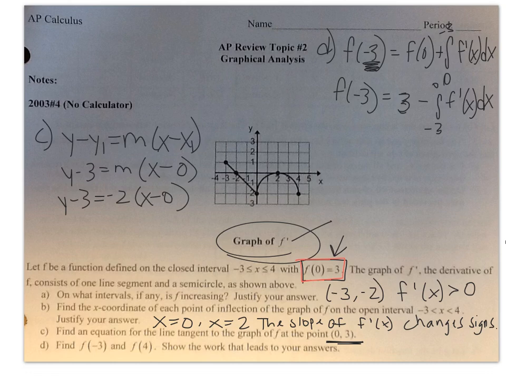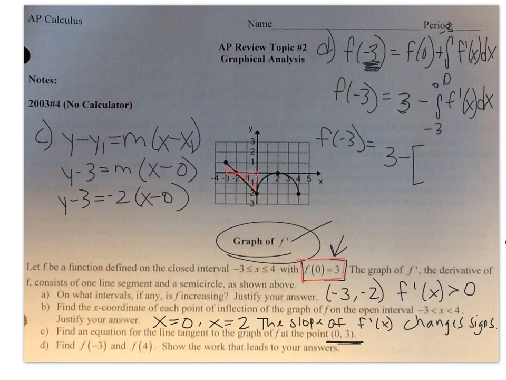When I do that with a graph, I'm looking for the area between the graph and the x-axis. So f of negative 3 is going to equal 3 minus, and now I'm going to calculate some areas. From negative 3 to 0, I have two triangles, a little tiny one and a big one.